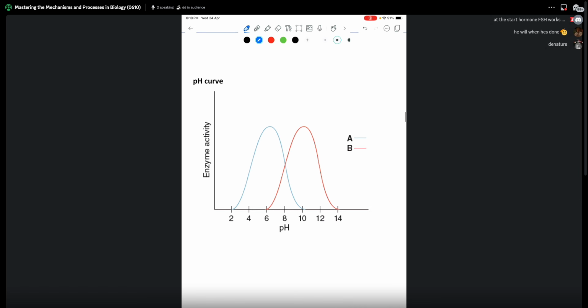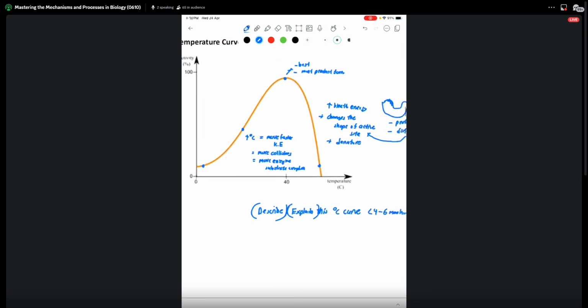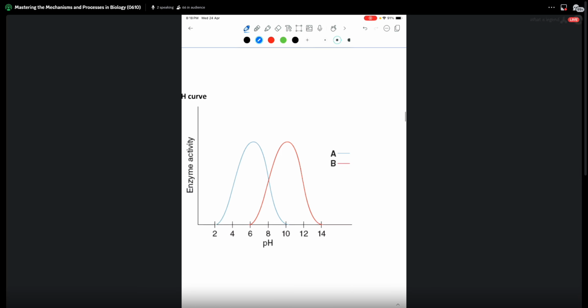For the pH curve, same thing. There will always be one enzyme that has an optimal pH and another enzyme that has another optimal pH. But this one is slightly different. Why? Because before its optimal pH, the percentage activity is very low. I don't say lower pH, I say before optimal pH; I think that's a better keyword.